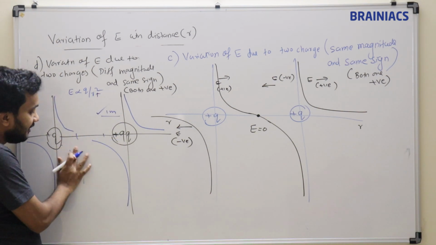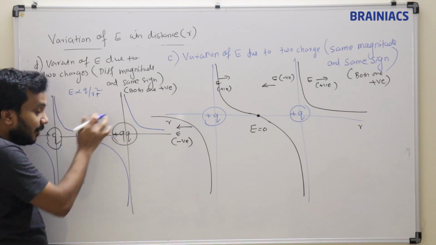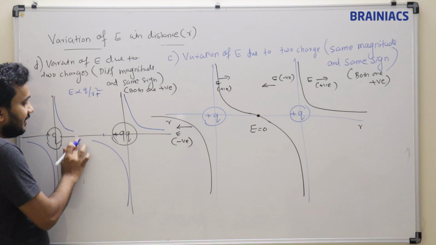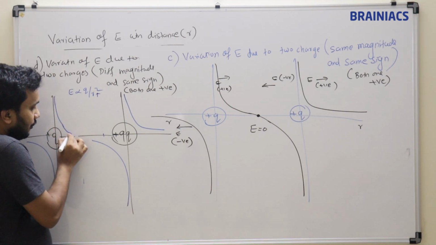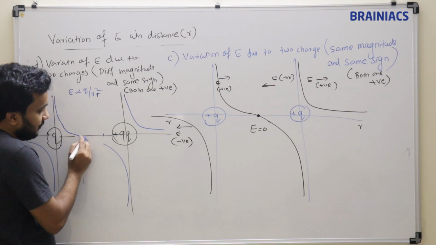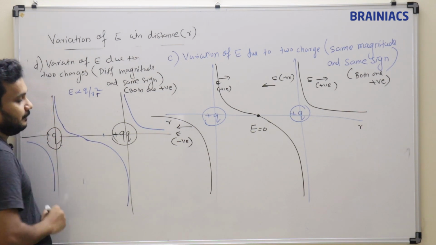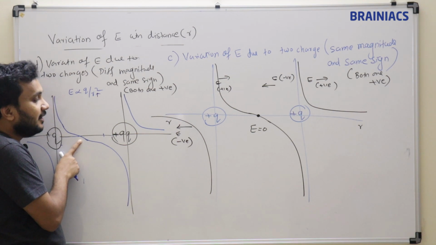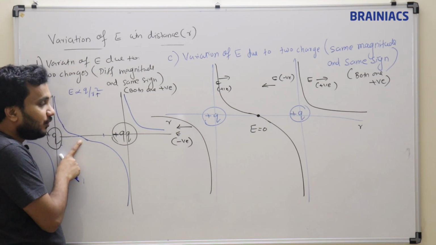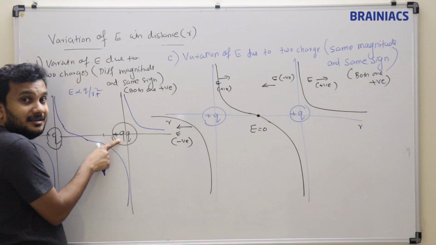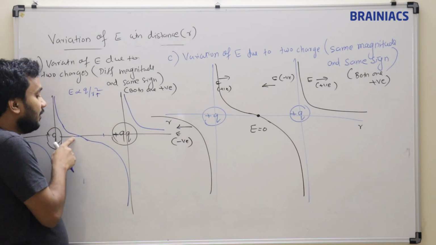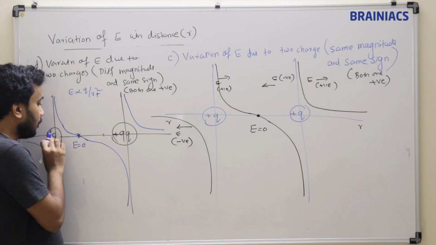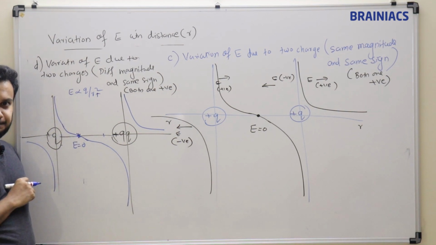So what will happen in this case is there is a null point similar to this one, but it is not exactly at the center. It is very close to the lowest charge, because here it will create one electric field. That electric field will be equal and opposite to the one created by the high magnitude charge. Both will get cancelled, not exactly at the center, but very close to the lowest charge.